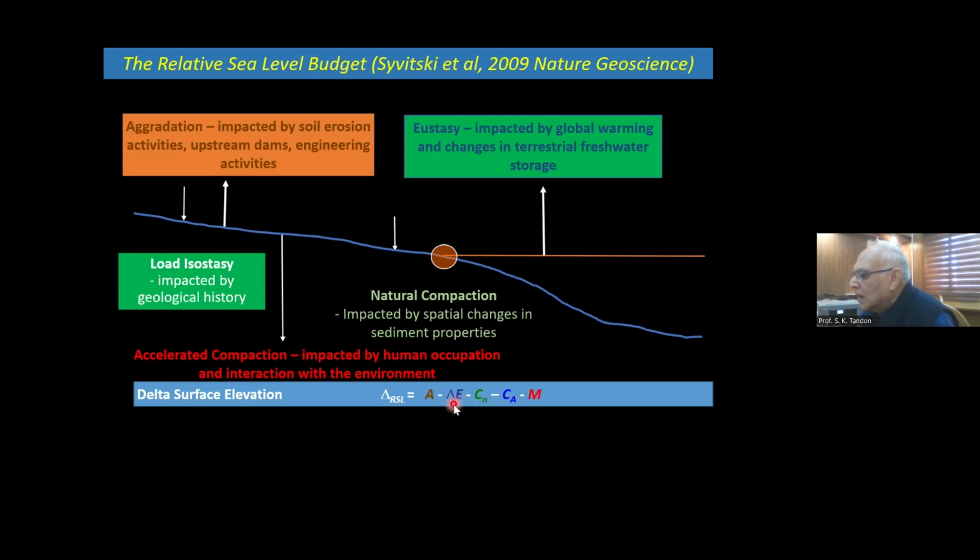So all these three terms are negative terms. They lead to subsidence, and so also subsidence induced through long-term geological processes. The only positive term is A, and our activities are essentially lowering A, and that means the RSL, the relative sea level budget, goes negative. We are in minus in the budget over here, and that is another consequence of all these large dams.